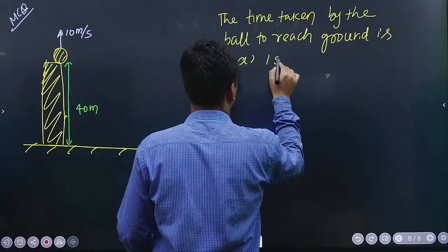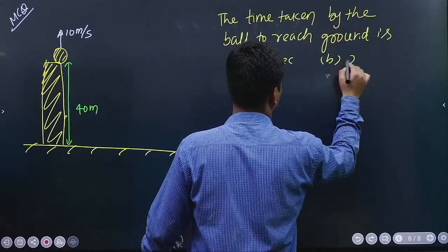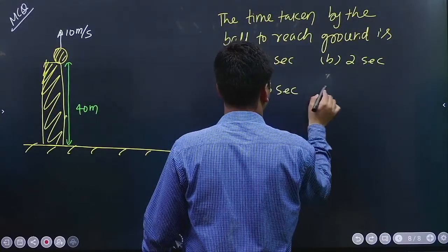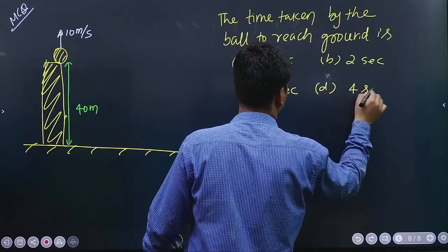Option A 1 second, option B 2 second, option C 3 second, option D 4 second.